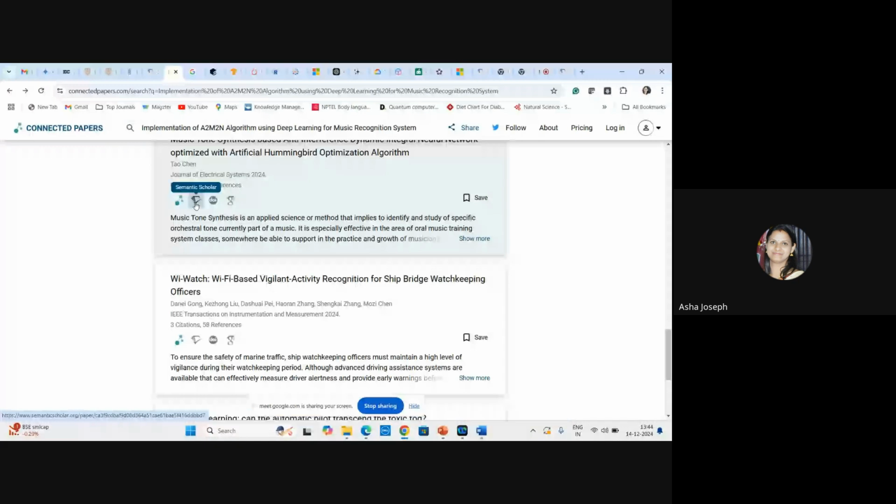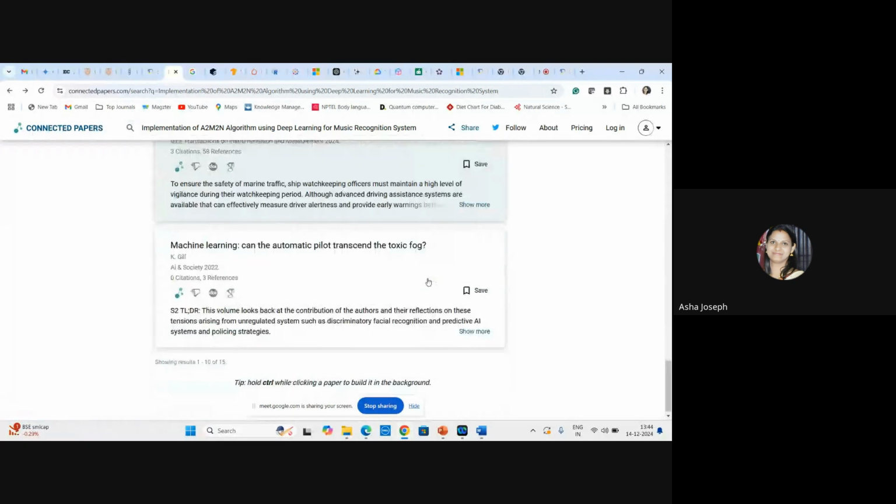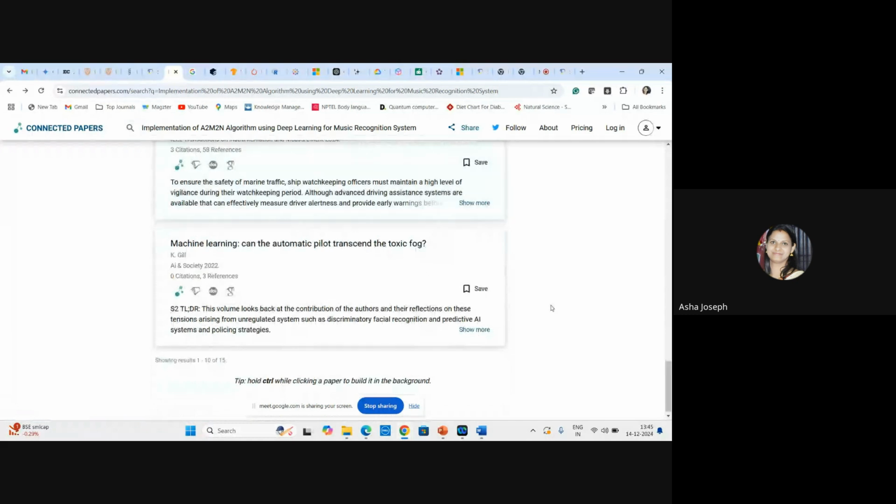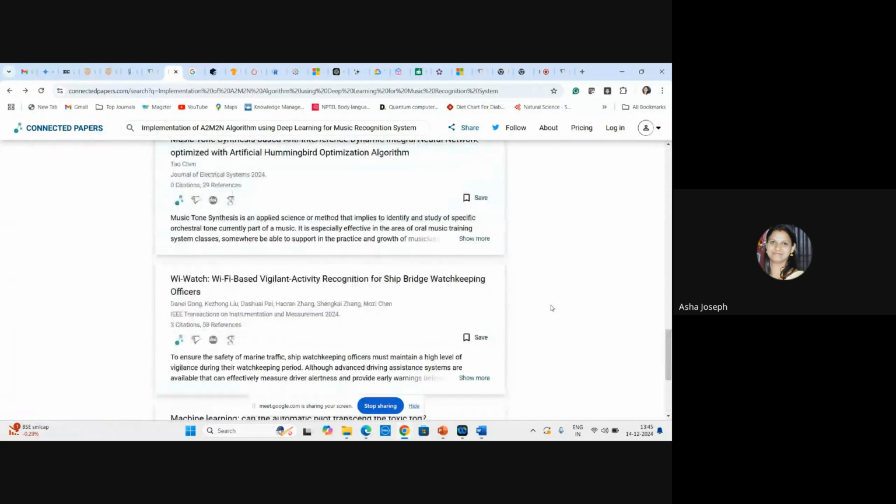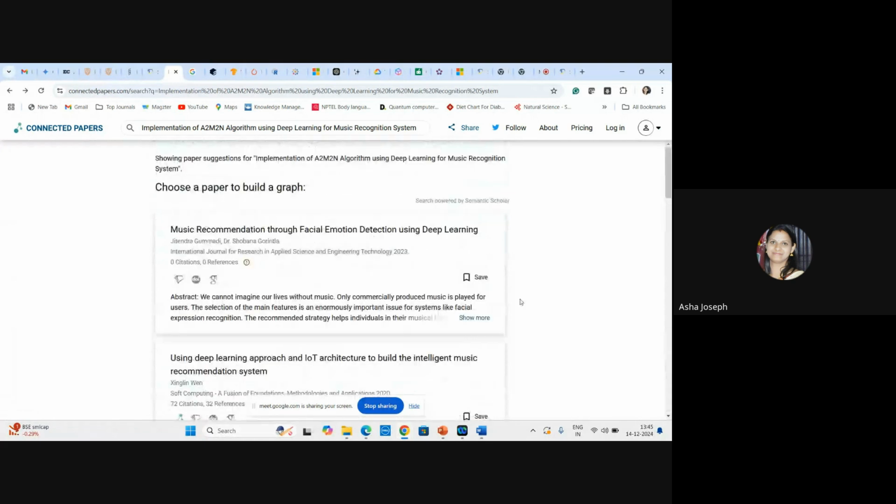And from here, you can go to Google Scholar, the publisher page, or Semantic Scholar. It's not like you are searching in Google and giving one paper name, but you are going to get a lot of connected papers. Okay, so this is one another way.